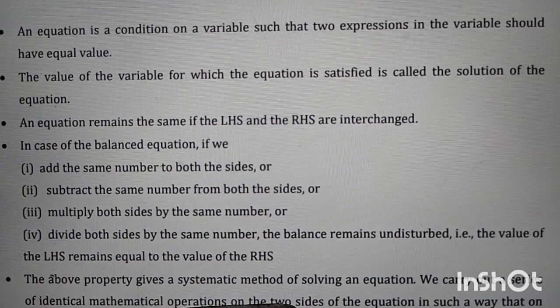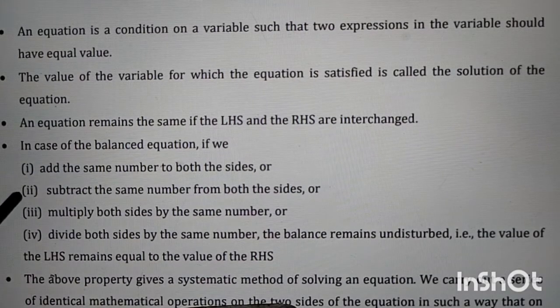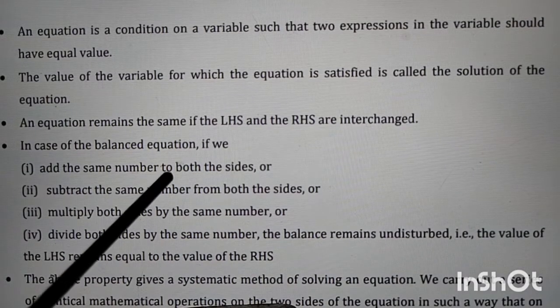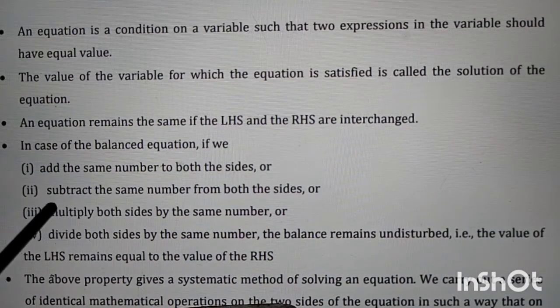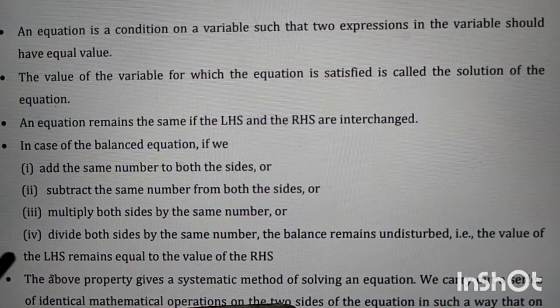Now the next key point is, in case of a balanced equation, if we add the same number to both the sides or subtract the same number from both sides or multiply both sides by the same number or divide both sides by the same number, the balance remains undisturbed.